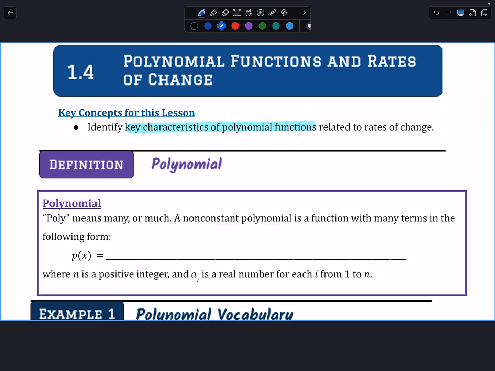So the fancy way to write this looks like this: a sub n x to the n, plus a sub n minus 1 x to the n minus 1, plus a sub n minus 2 x to the n minus 2, plus dot dot dot, plus a sub 2 x squared, plus a sub 1 x, plus a sub 0. And I'll explain to you guys what that means.